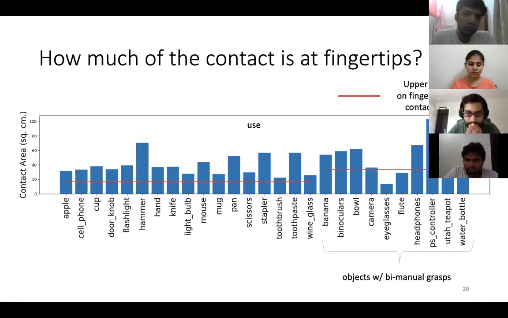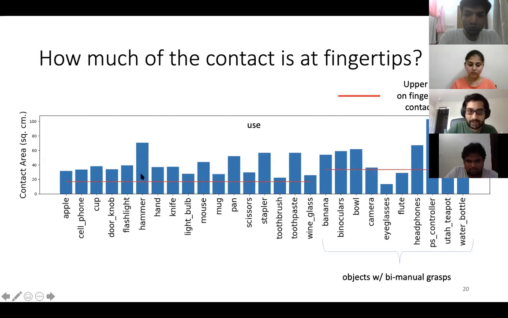So we had a rough analysis of that. What we did is we annotated the fingertip area of the different participants, and then computed an upper bound on the maximum fingertip contact area, if they were touching with all their fingertips, and that is indicated by this red line.